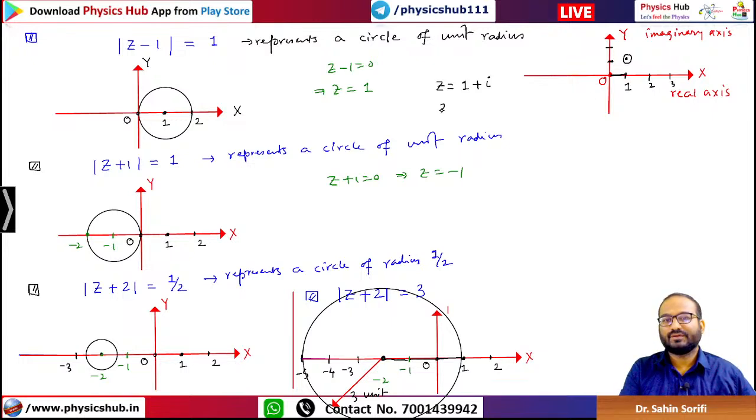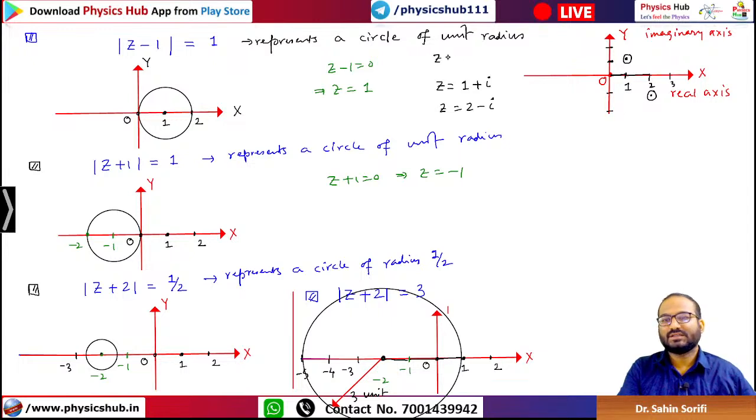If I say z is equal to, let us say, 2 minus i, where does this point lie? 1, 2, this is minus i, minus 2i and so on. So 2 minus i will be here.